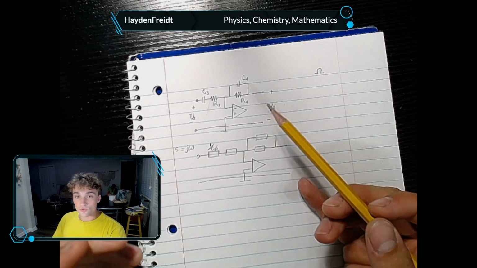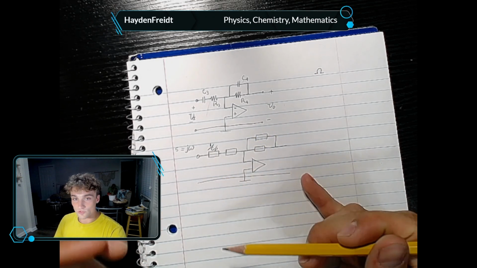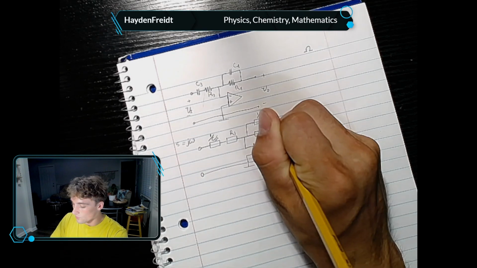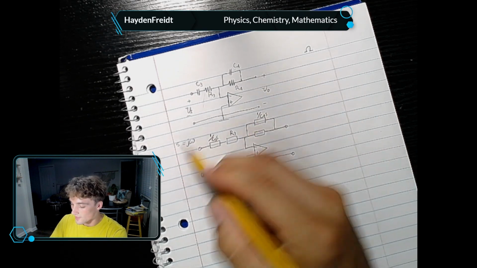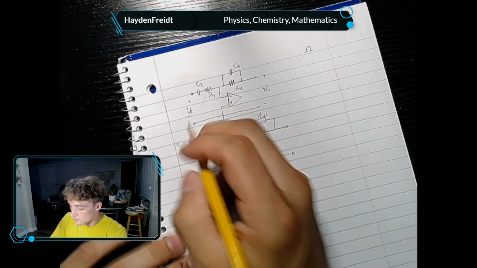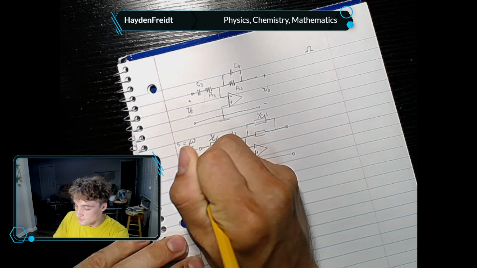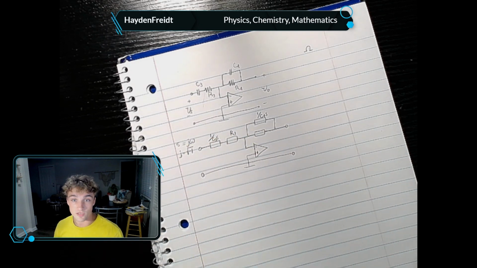To convert frequency into angular frequency, this omega here, you just multiply the frequency by 2 pi. For 1 over C4 times S, where S equals this imaginary number j, j equals the square root of -1, right? That's your imaginary number. If you have j squared, it itself is going to be -1.